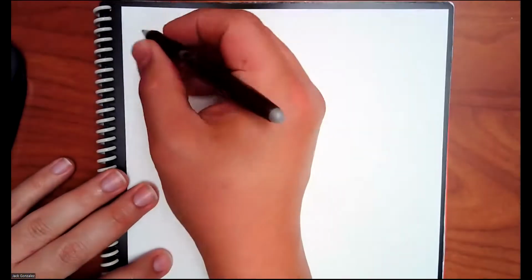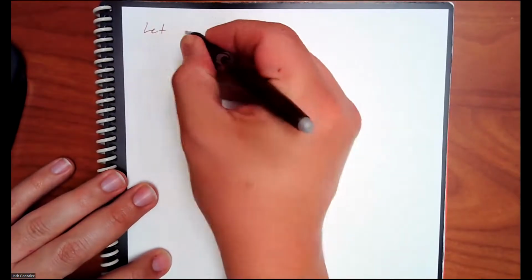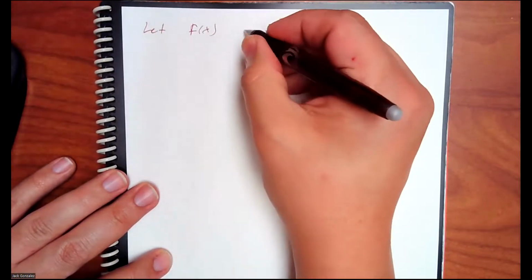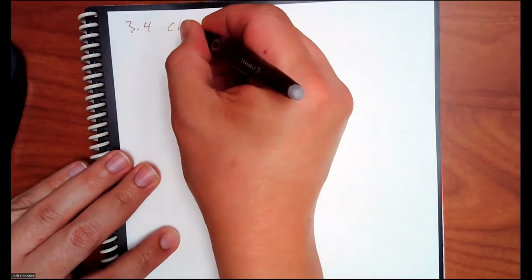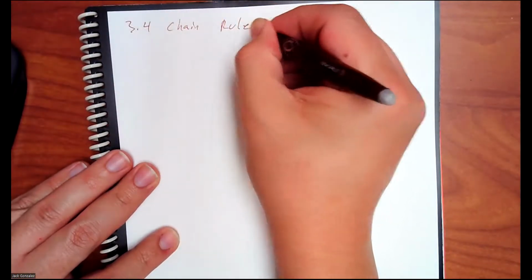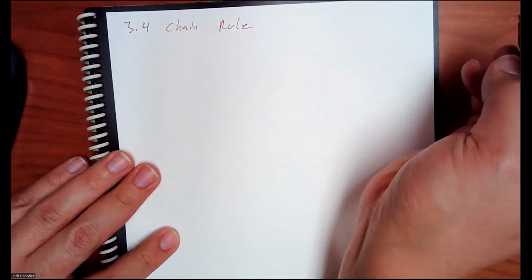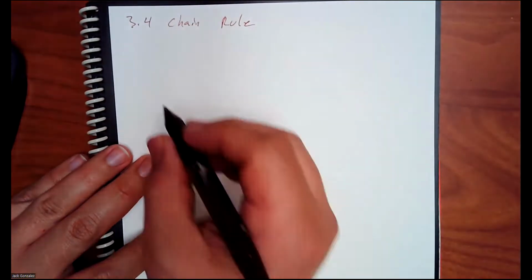Okay, so I'm going to define f and g, let me first title this section. So this is the chain rule.